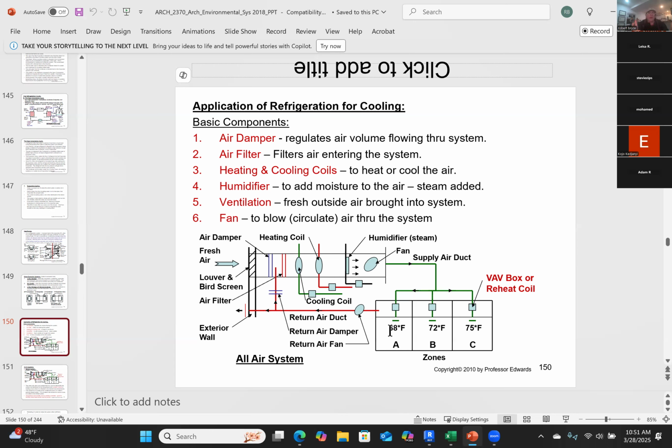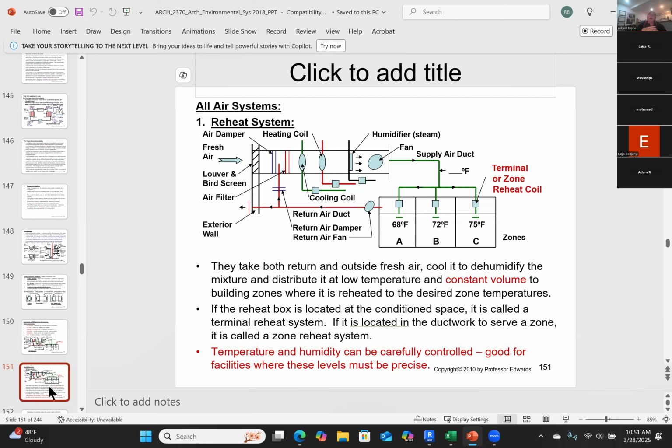And that's causing a little bit of a problem for us. You know, we have to become much more efficient with our energy, and at the same time, we have to become much less efficient with our air system. Now, if you notice here, we go back to this slide. I left a little bit early here, but we actually have a return air duct that brings that air back into, look at what's happening.